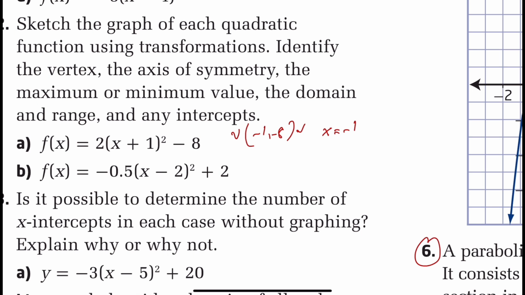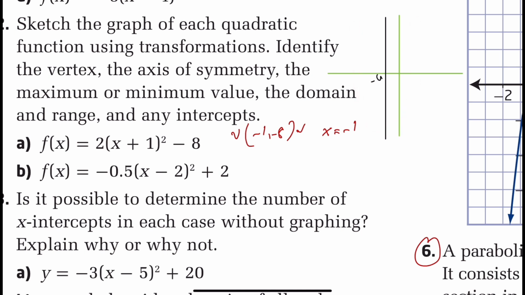Let me draw a simple example here. So this is my x, and this is my y. We are talking about the axis of symmetry at -1. So I will go to -1. This is -1, so this is my symmetry axis. My function will be symmetric around this.